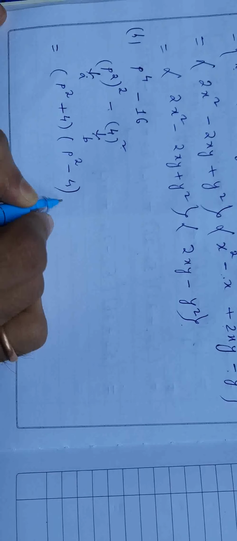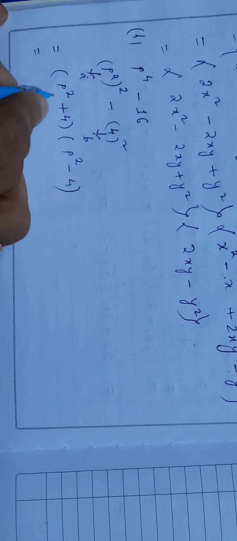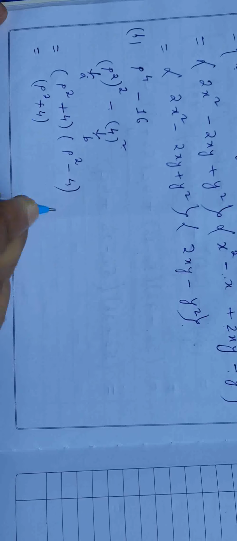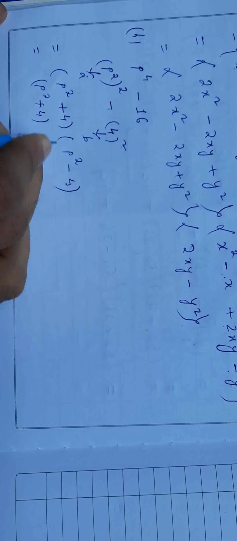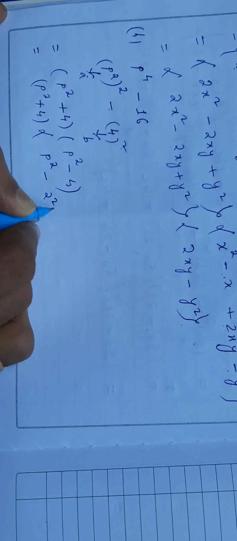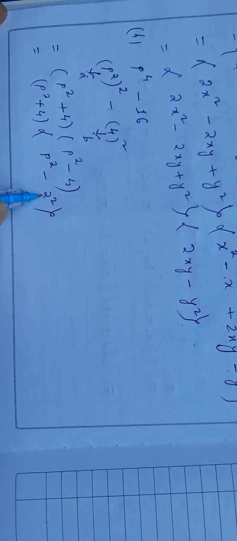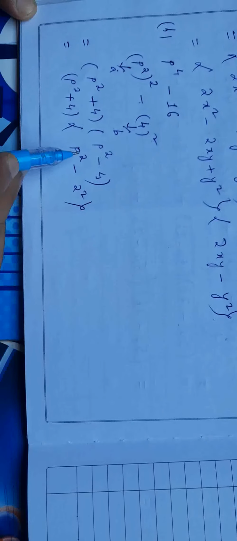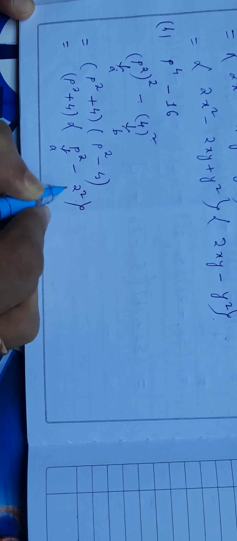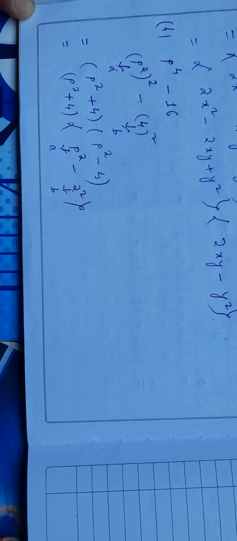You can keep your answer up to here, or further if you want to factorize, then we'll get p square plus 4, and then this expression can be further written as p square minus 2 square. This 4 can be written as 2 square, which once again will become the formula of a square minus b square, where a will be p and b will be 2.